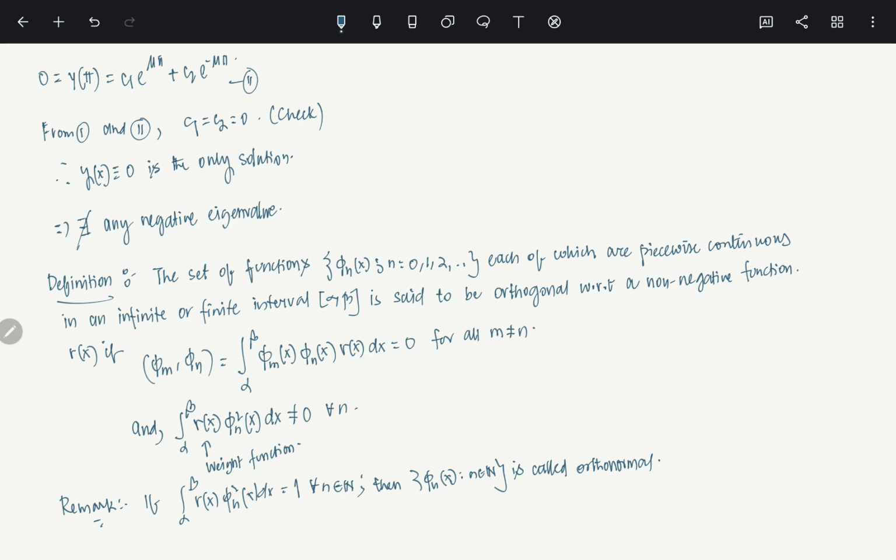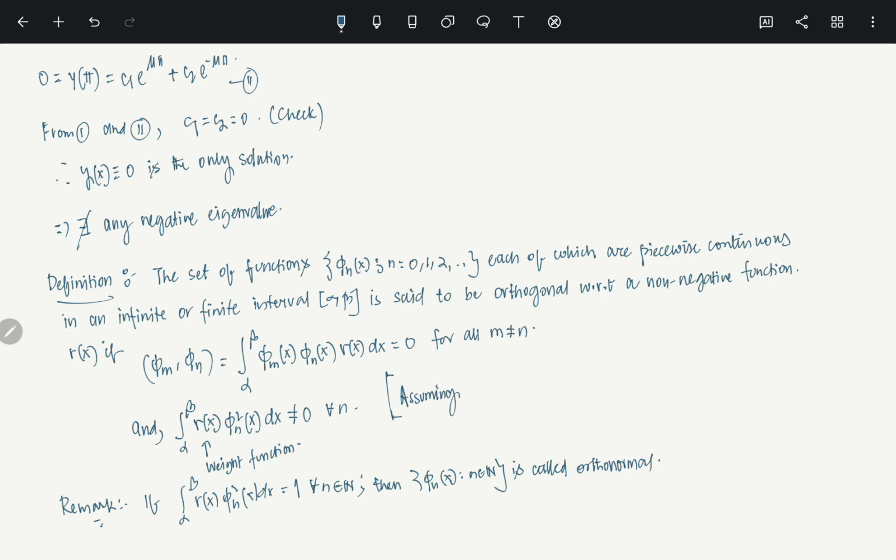Now one small detail we need to understand here is this. For something like this to happen, the integral from alpha to beta of R(x) times phi n square, let's say, should be summable, right? Yes. For something like this to happen, we will assume that R(x) only has a finite number of zeros. So this is assumed.